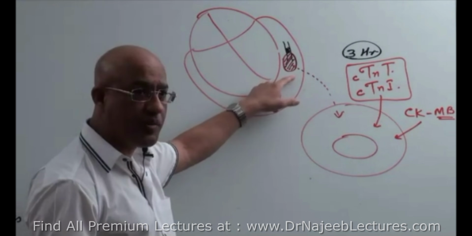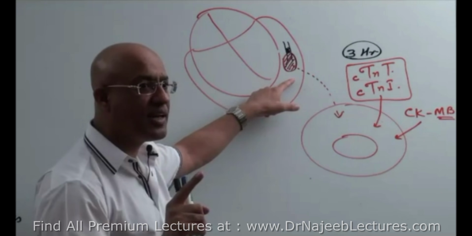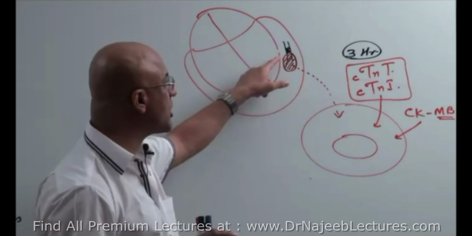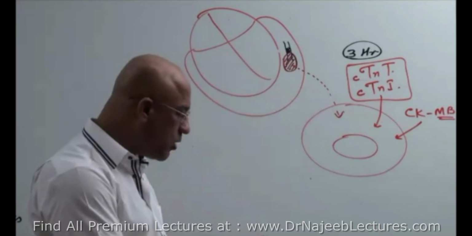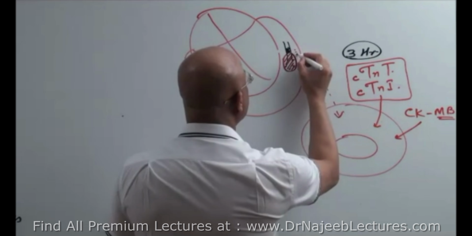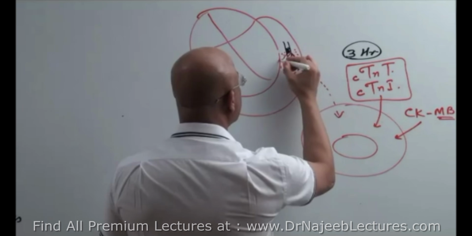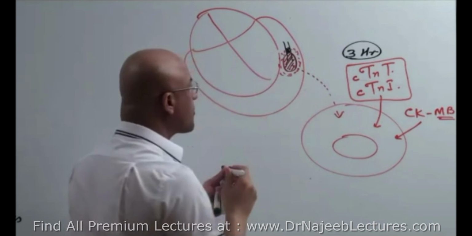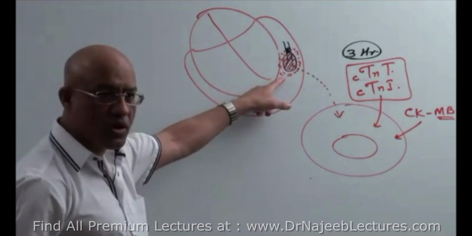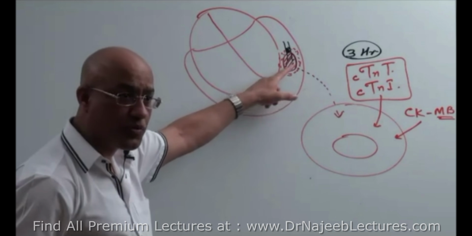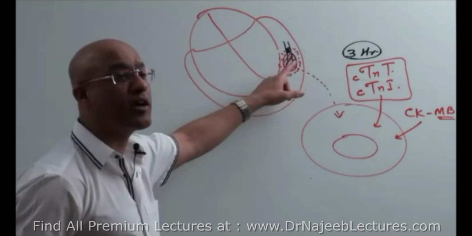But if these cells remain there and the patient remains alive, what will happen? These cells will produce chemical mediators of inflammation, and an inflammatory reaction will occur around them. From the inflammatory zone, first neutrophils will arrive there, and later on macrophages will arrive.